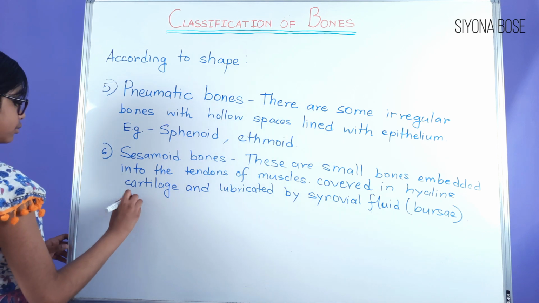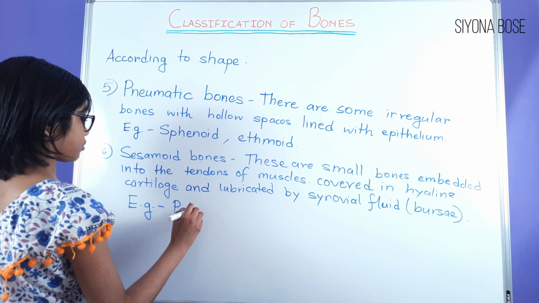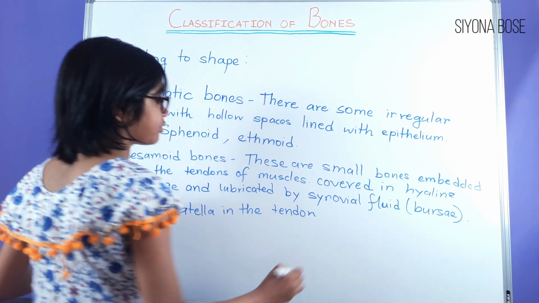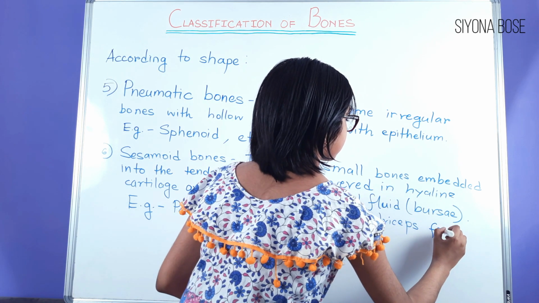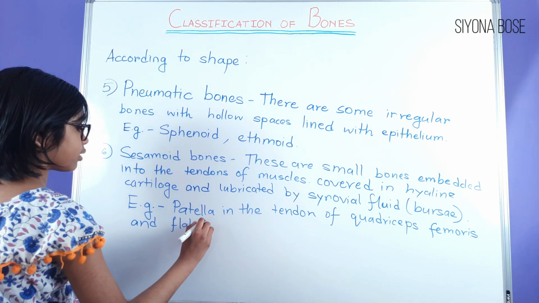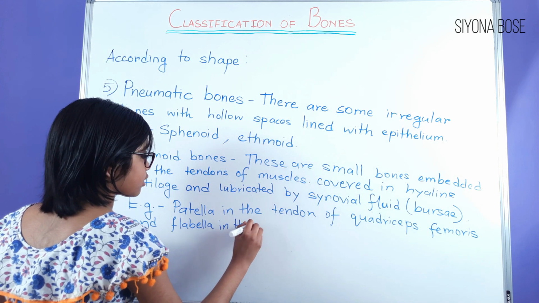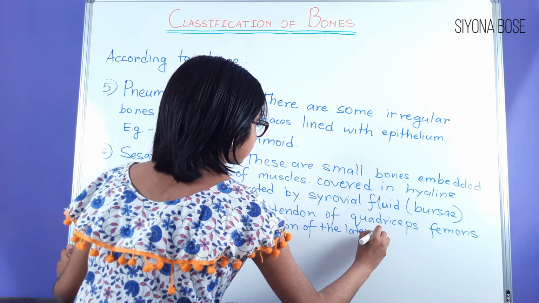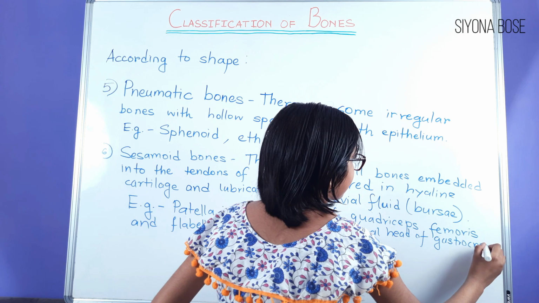Examples are the patella in the tendon of quadriceps femoris, and the fabella in the tendon of the lateral head of gastrocnemius.